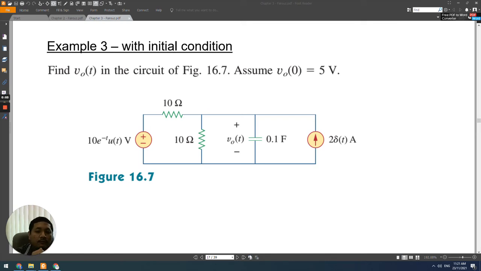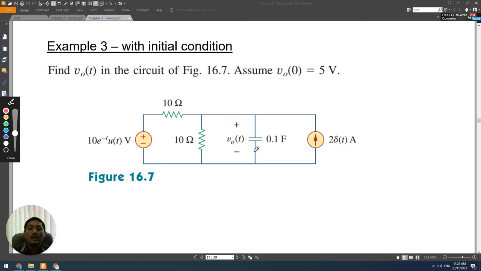So here we have an RC circuit with voltage source and current source. The question is to find V out of the circuit, which is across the capacitor. So this is the V out, voltage across the capacitor.